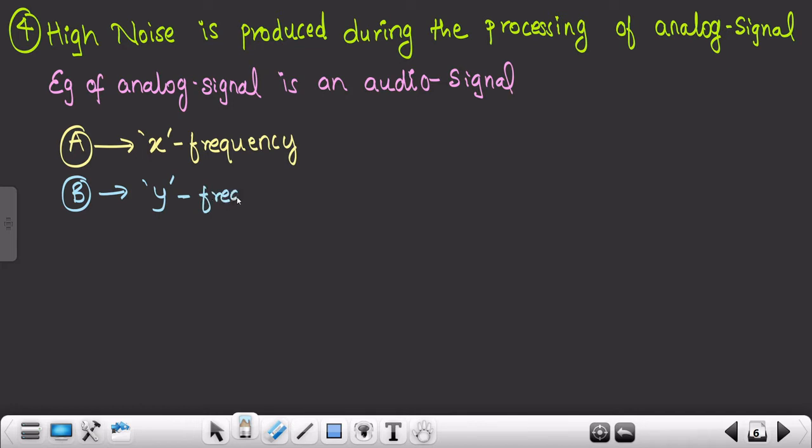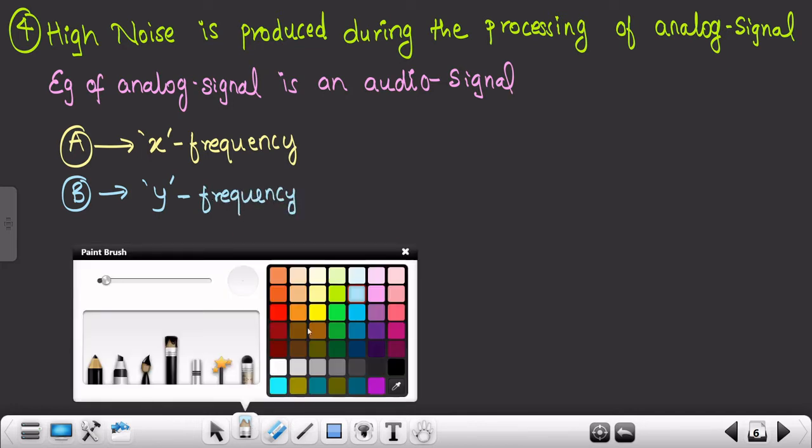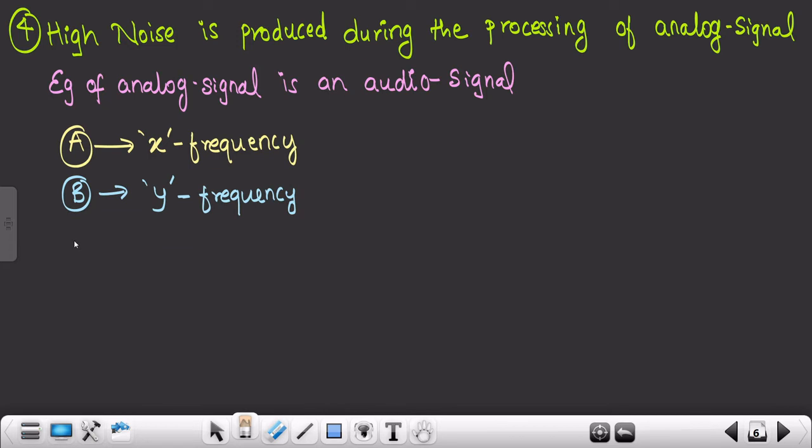And another mischievous guy, named C, is banging his tiffin, and the tiffin is producing some Z frequency waveform.